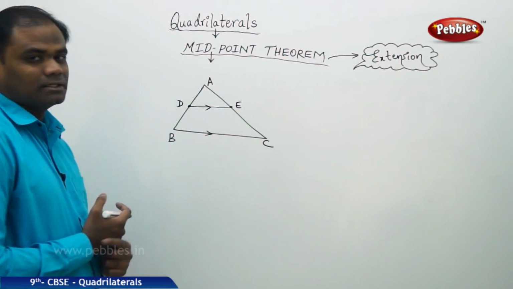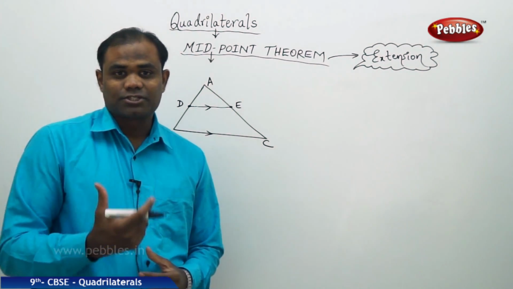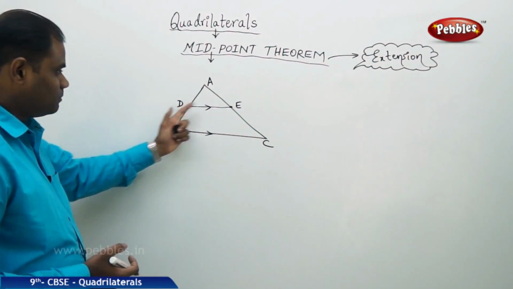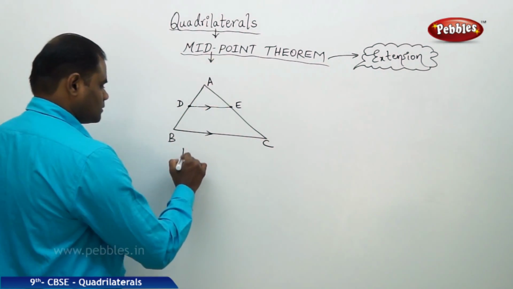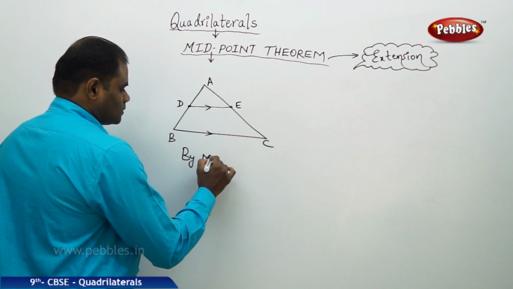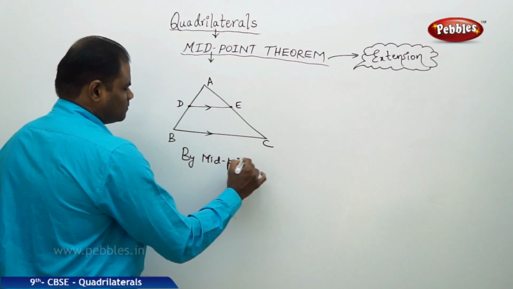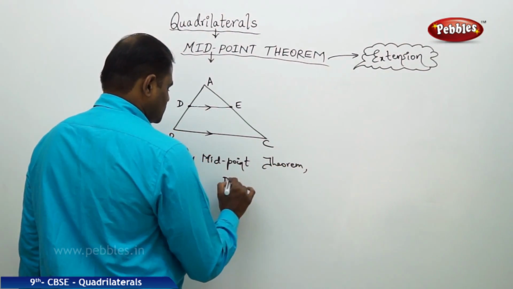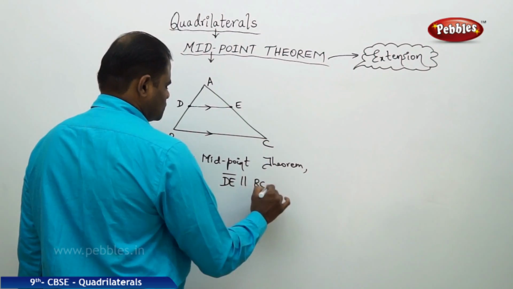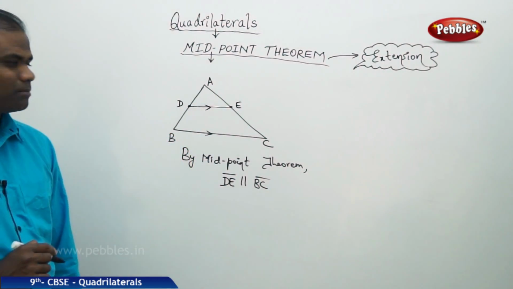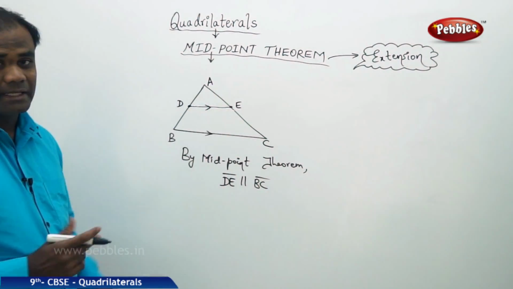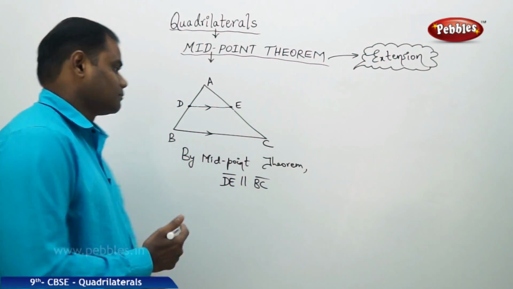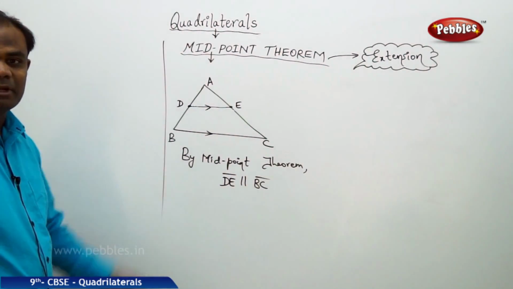Now with this parallelism, let's see the extension property. Along with DE being parallel to BC by the midpoint theorem, the extension property says that the length DE will be exactly half of the length of the third side BC. Let's see the extension mathematically.